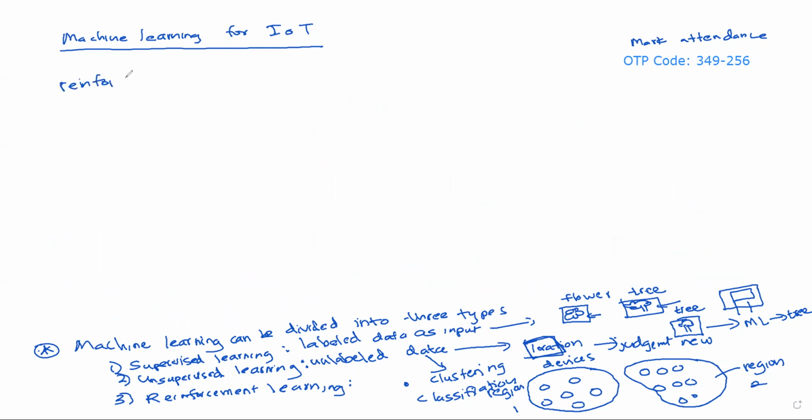Reinforcement learning is a learning method where we make decisions based on real time data, real time updates. It is usually used in cases where we need to take actions based on the real-time updates.